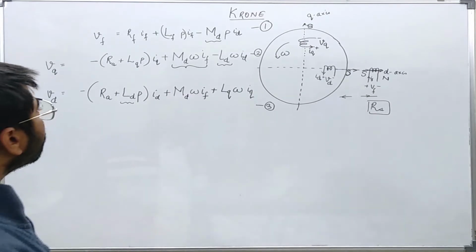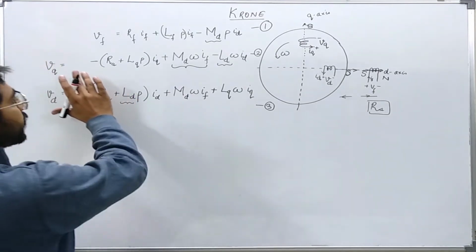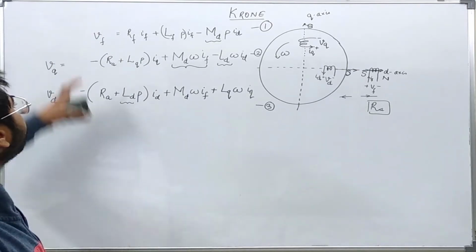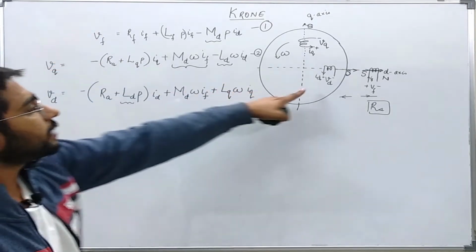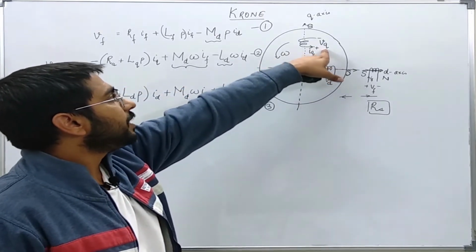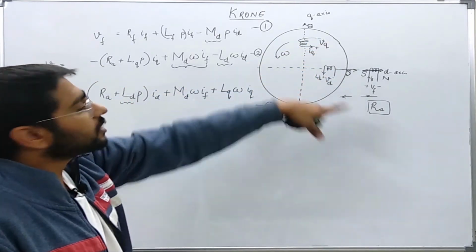So in this way I have written three equations. The first equation is for the field winding, the second equation is for the Q axis winding, and the third equation is for the voltage developed in the D axis winding.